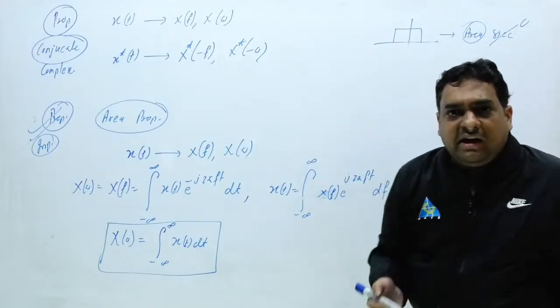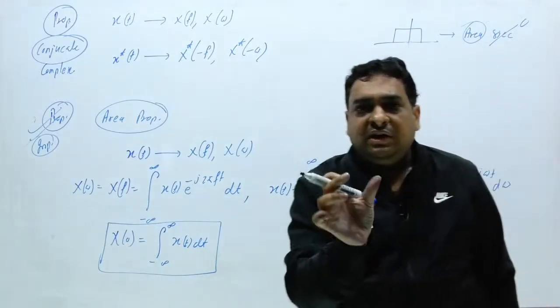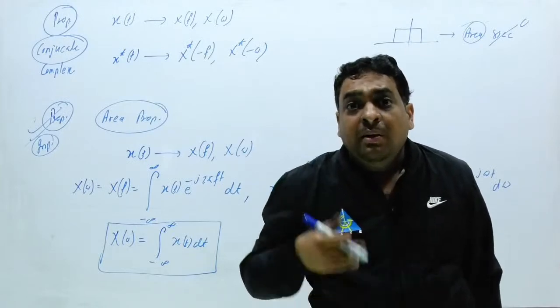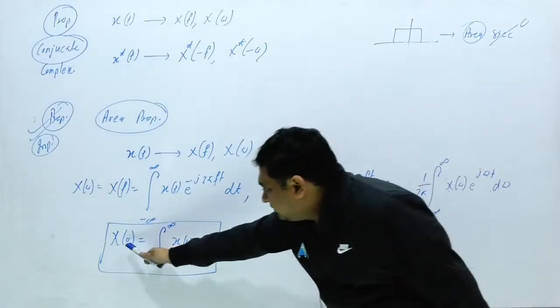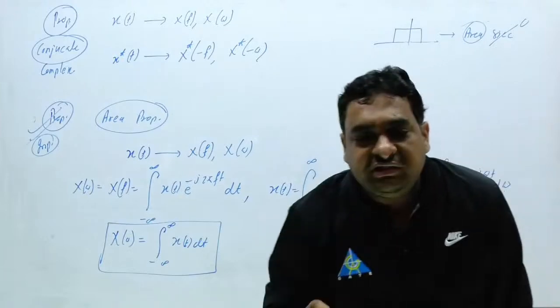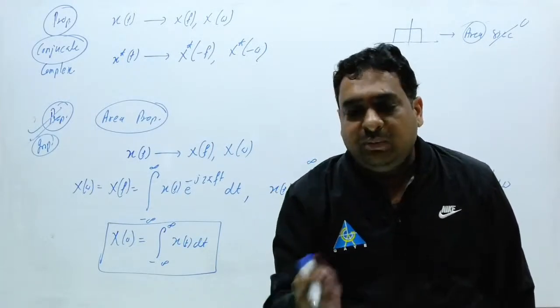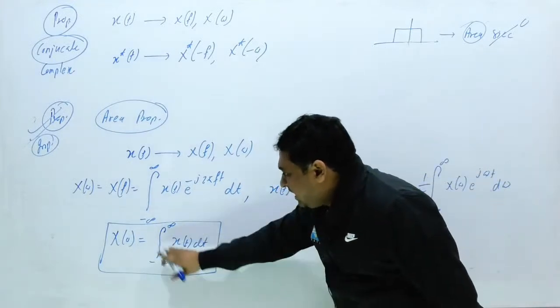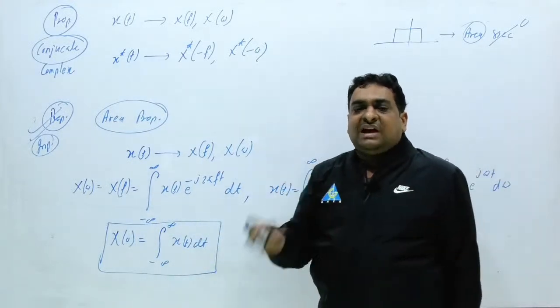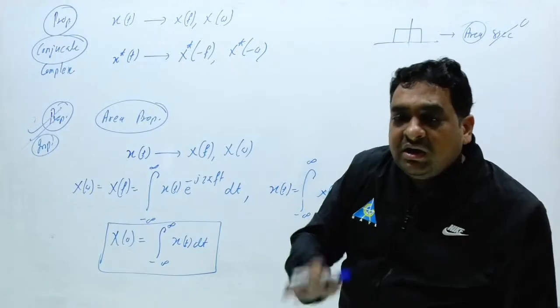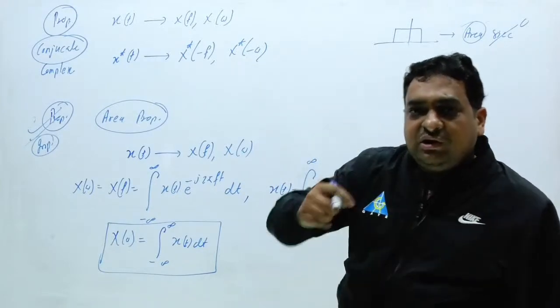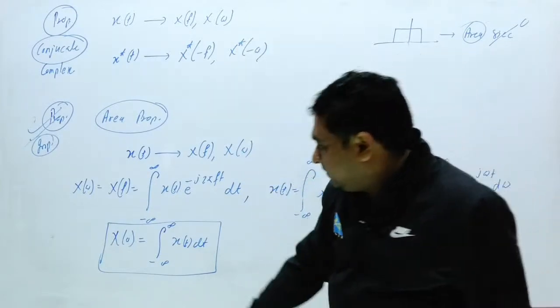So if you can find the area of the time domain signal, you can easily get the Fourier transform at the 0 position, either X(omega) or X(f), both are the same. So if you can find the left sided signal area, then the right sided signal value at 0 you can easily find out.